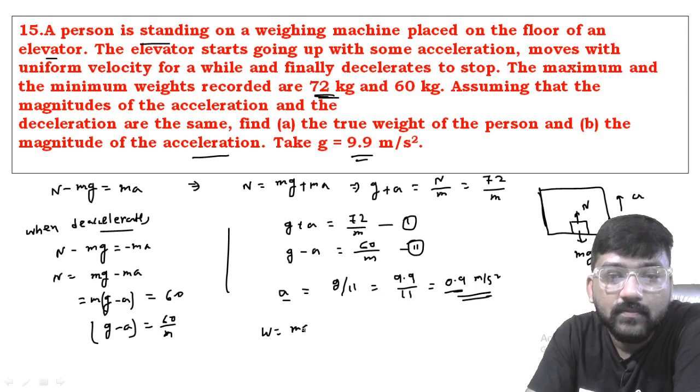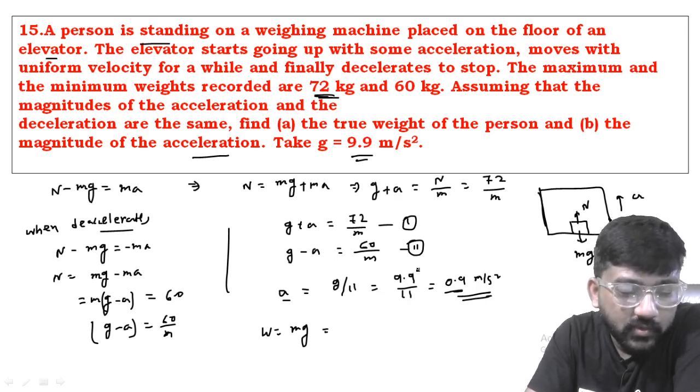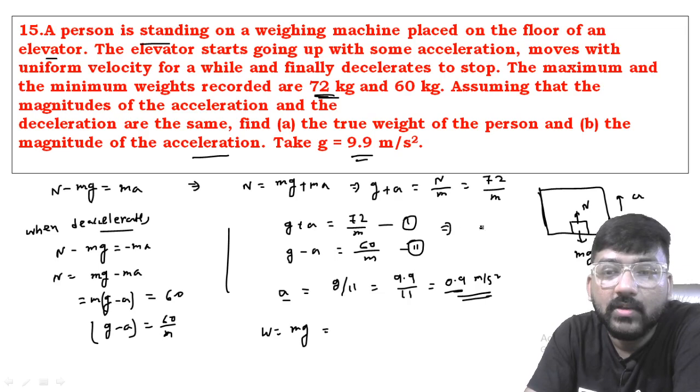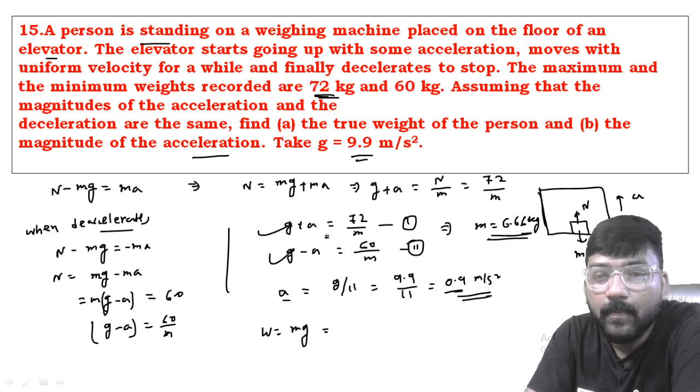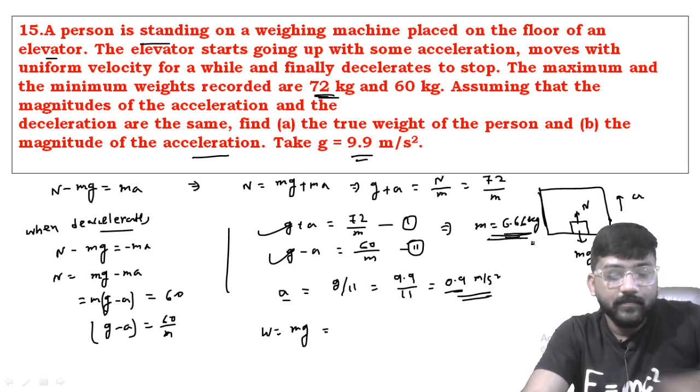And what is m? You can find m from these two equations also. You will get a, and at the same time you will get m, and you will get m is 6.66 kg. So a will be g upon 11 and m will be 6.66 kg.